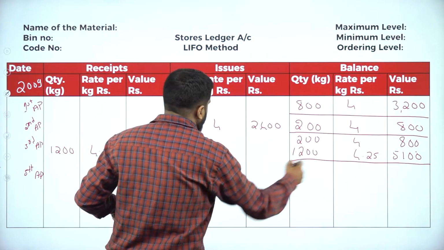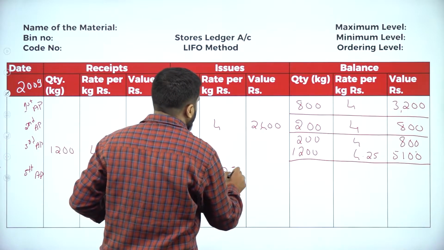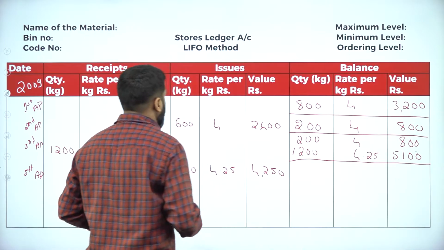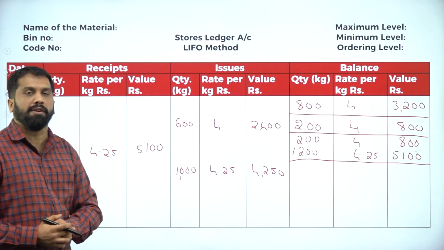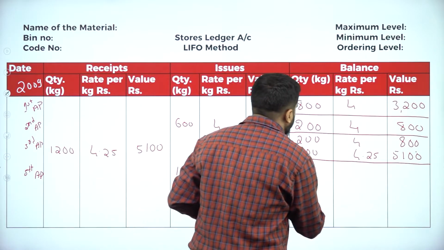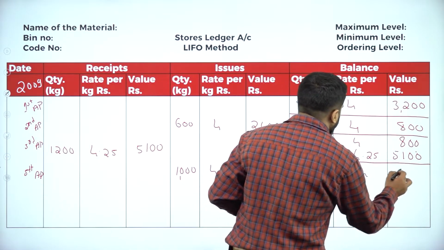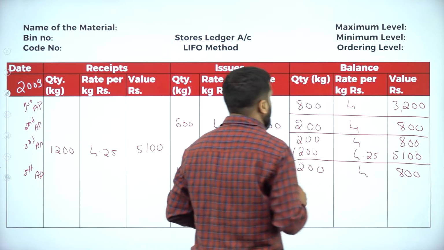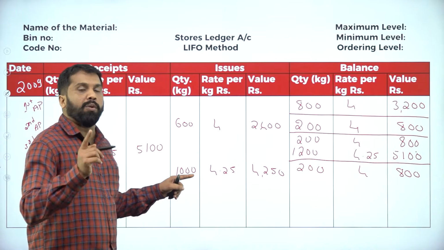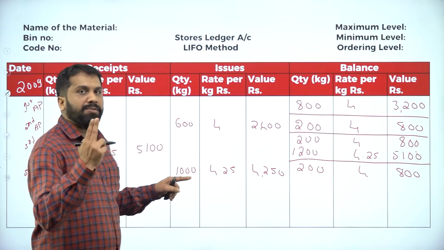What is the value? It is 4.25, so it will be 4250. Any doubt out of this? No. Now, your old box will remain as it is. We have not touched it. Next, out of 1200, you have used how much? 1000. What is the balance? 200.